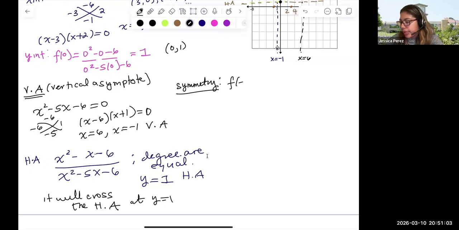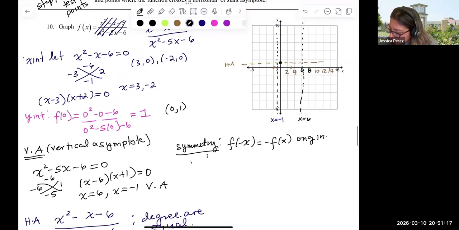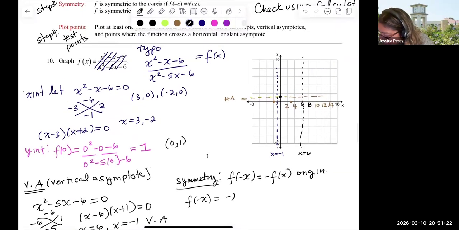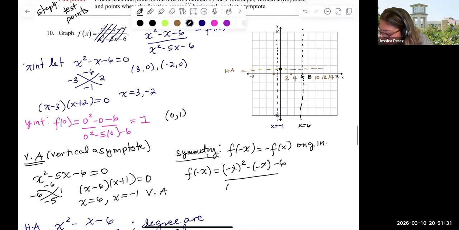So it's f of negative x should be equal to negative f of x. This is symmetric towards the origin. Let's see. So if we check, if we plug in a negative, I'll have f of negative x is going to be equal to negative x squared minus negative x minus 6 over negative x squared minus 5 times negative x minus 6.